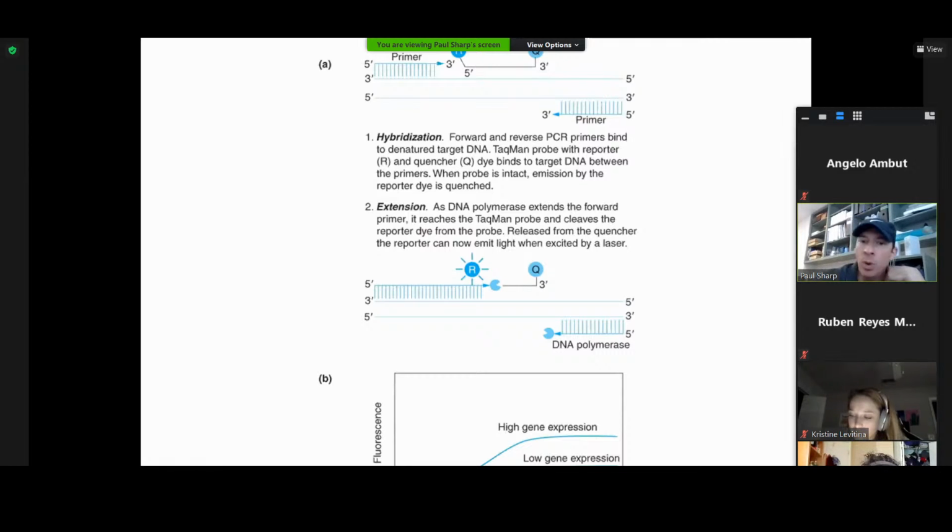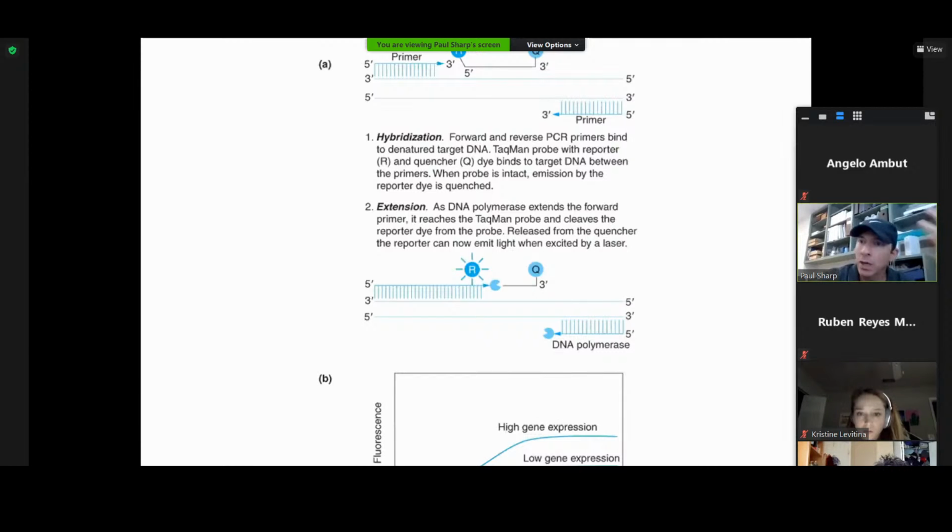Why did the curve for high gene expression cross the threshold before the line that we're going to label as low gene expression? It all has to do with how much initial mRNA you started out with.